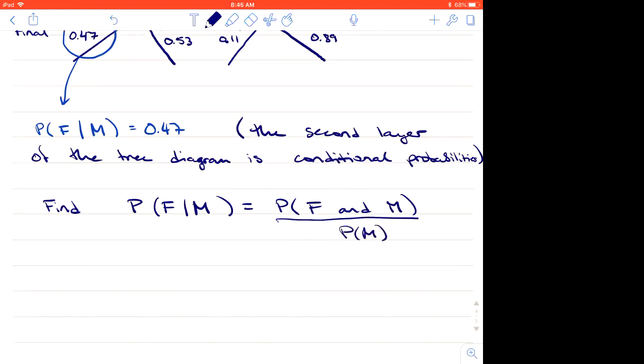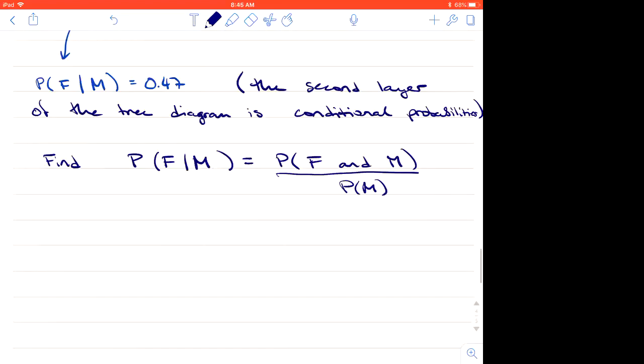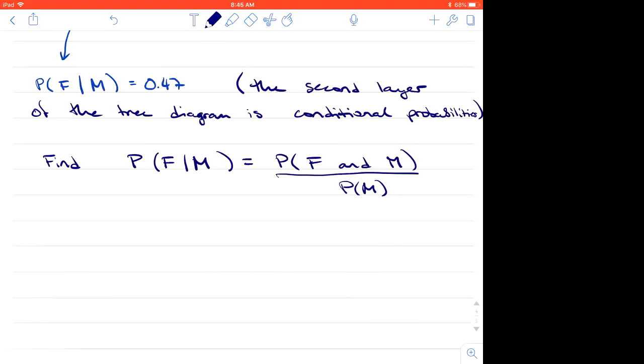We can rework this by multiplying the probability of M over to the left-hand side, and then we have a formula for the probability of F and M. We mentioned it last day, but we haven't mentioned it since. So the probability of F given M times the probability of M is the probability of F and M.